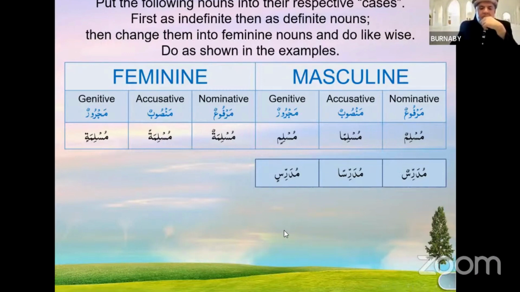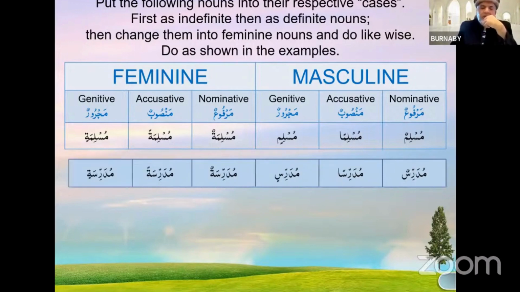If I'm forgetting somebody, please tell me if they want to answer. Brother Afzal, would you like to answer the feminine of Mudarrisun? Mudarrisatun. Then Mudarrisatan.